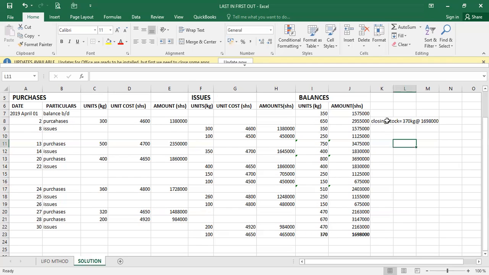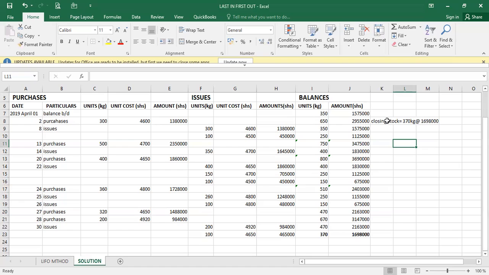The cost of sales is opening stock plus purchases minus closing stock. So when you deduct this small figure, it will give a high cost of sales. And a high cost of sales is going to reduce the net profit or the gross profit that is supposed to be taxed.